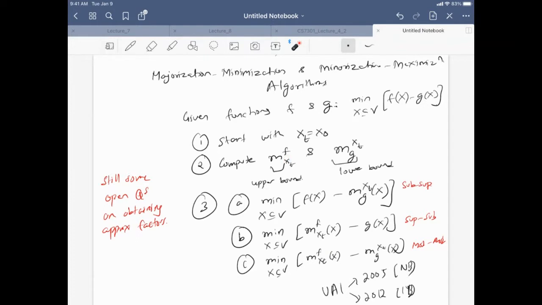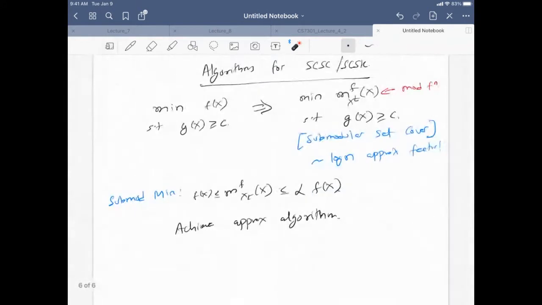Given that set xt plus 1, we compute the upper and lower bounds on xt plus 1, and we do this over multiple iterations. The same we do over here. So here also we start with x0, then using x0 we get x1 as a solution of this problem. Then we use x1 over here, and we get x2. So we majorize and minimize.